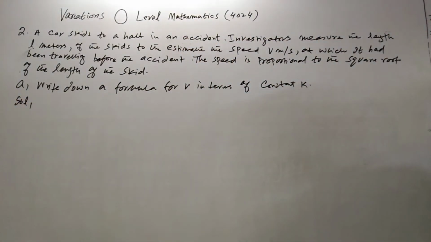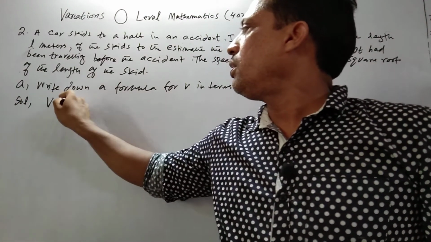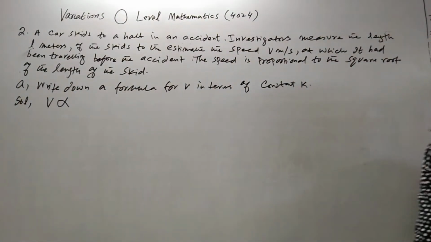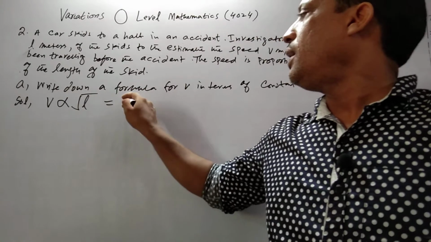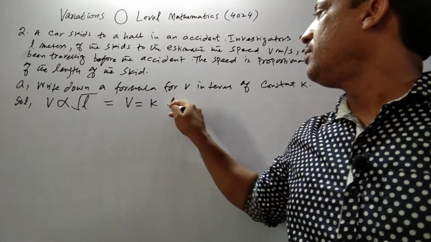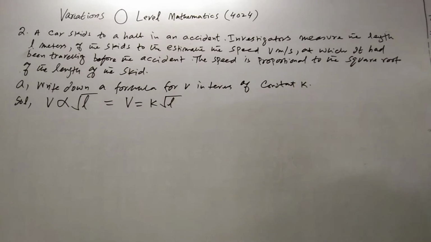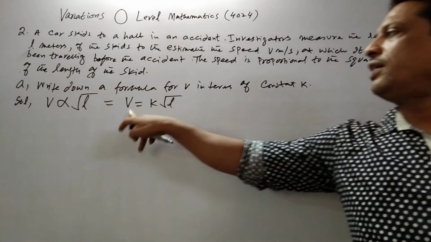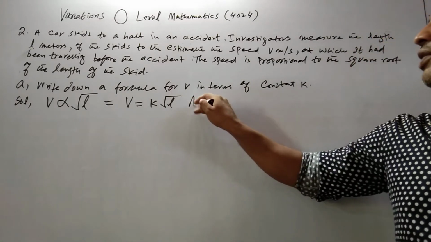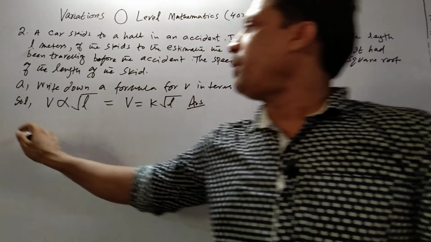According to the question, the speed V is proportional to the square root of length L. Then V equals K root L. This is our final answer. Write down a formula for V in terms of constant K. The formula is V equals K root L. Come to part B.